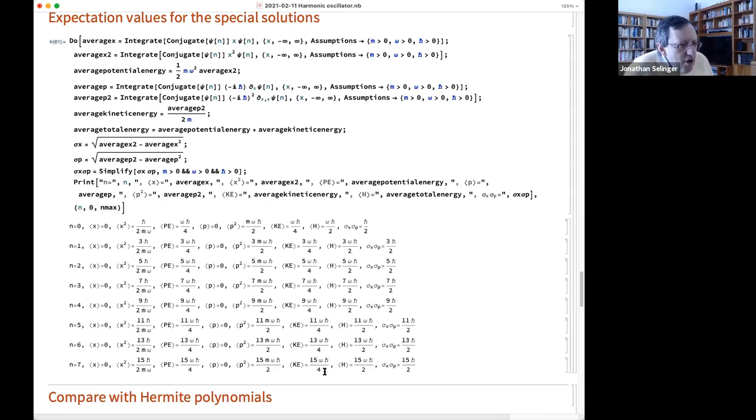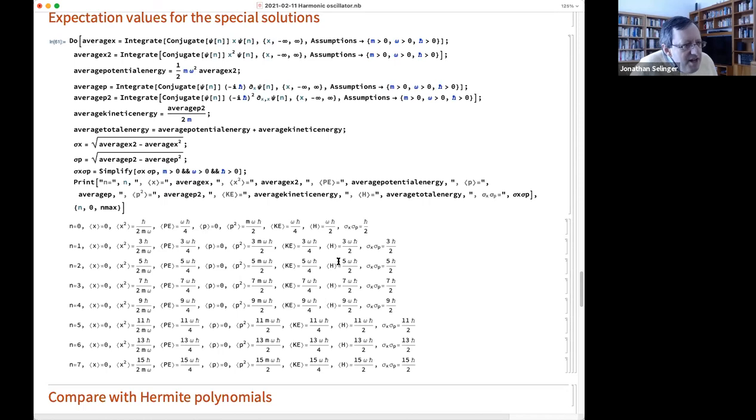You'll notice, incidentally, that the average potential energy equals the average kinetic energy for each of these states. That is actually the same as what you might remember from a classical harmonic oscillator, that the average kinetic energy equals the average potential energy.